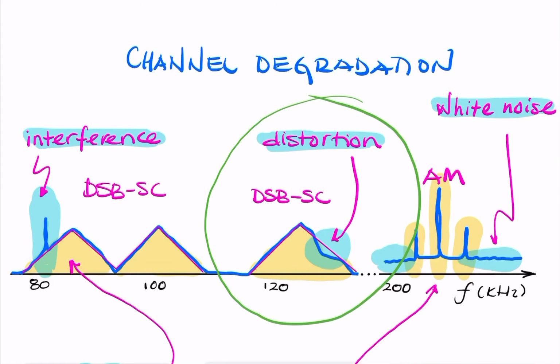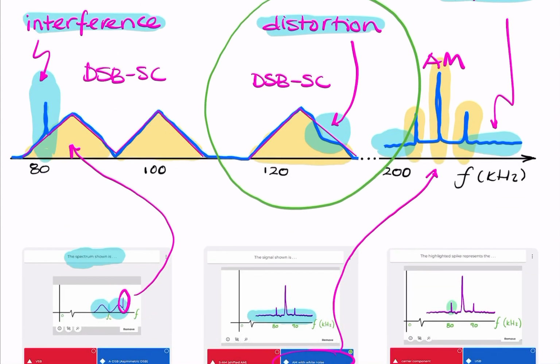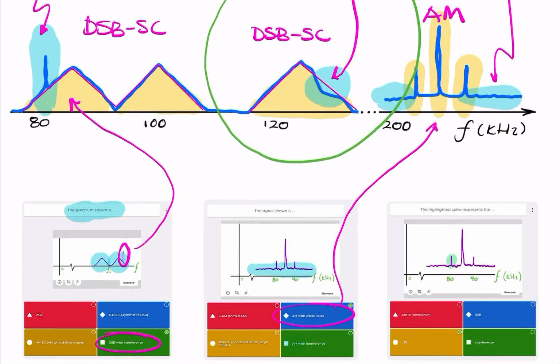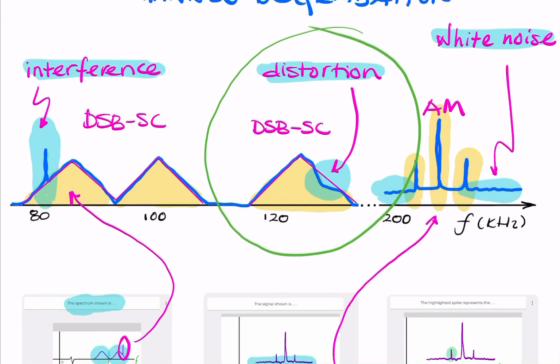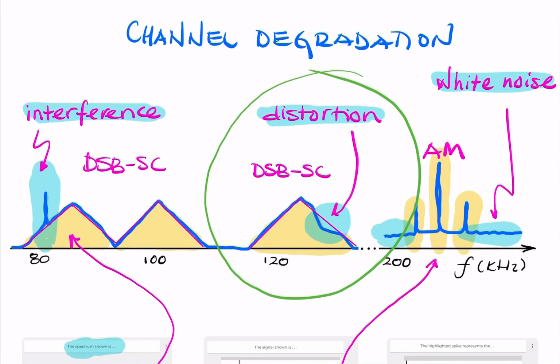So this here is not distortion. This is an interference effect. And we've spoken about that before, and we played a video about how interference was identified. And this here is white noise. That's exactly what white noise will look like in the frequency domain.